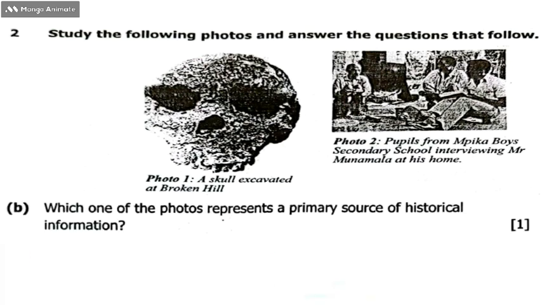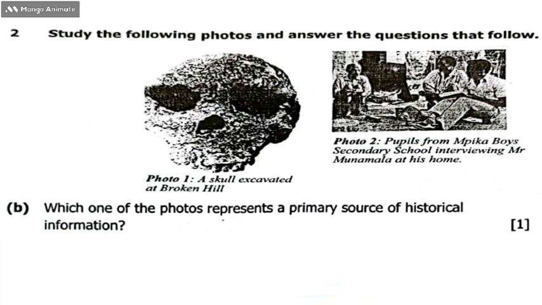Then we go to B, which is: which one of the photos presents a primary source of historical information? The primary source of historical information is information that is exactly the way it is. It has not been moved from one point to another. It's just first-hand information.